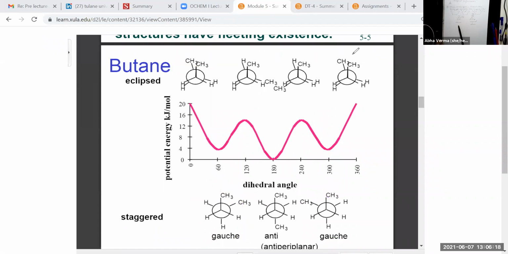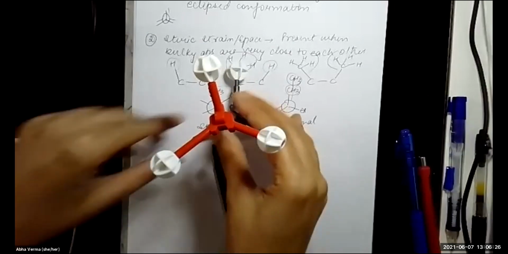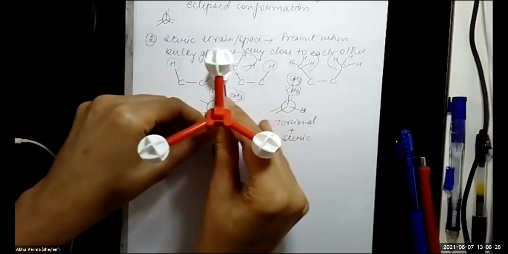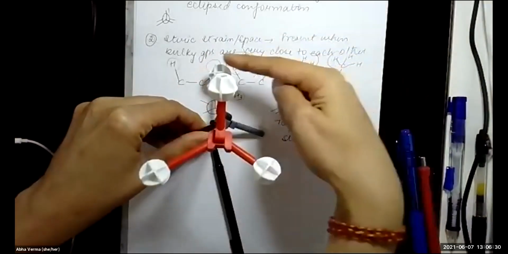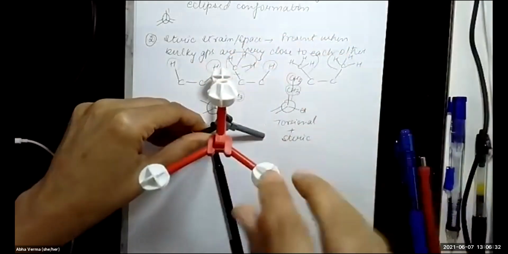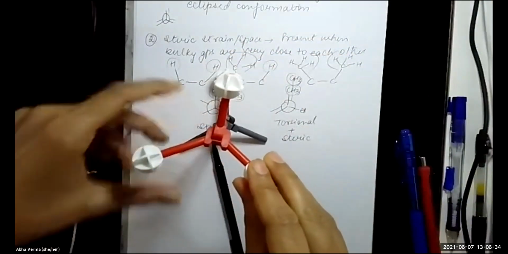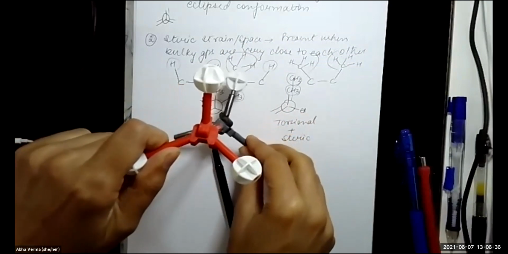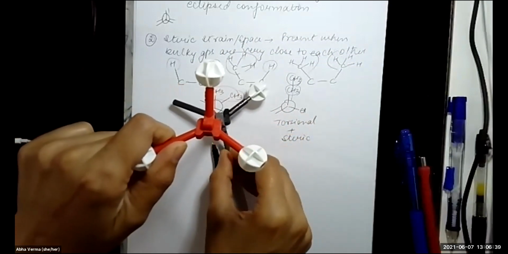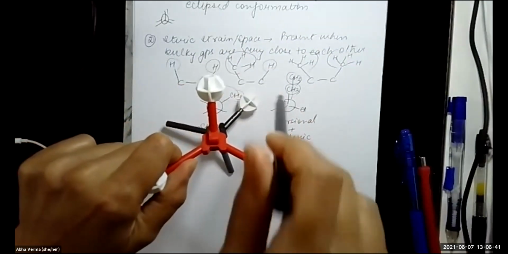Okay, and we can see that in our structure also right here. So this is our eclipse, both groups back to back. As I rotate, let me keep the first one and rotate the back one, you can see that there is this angle.